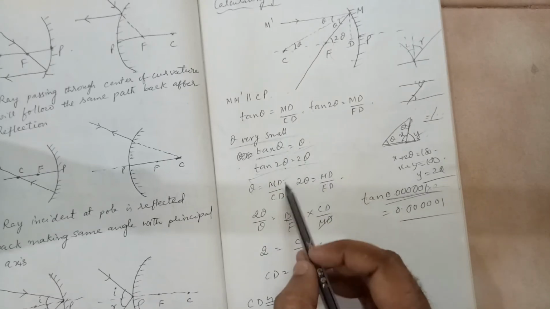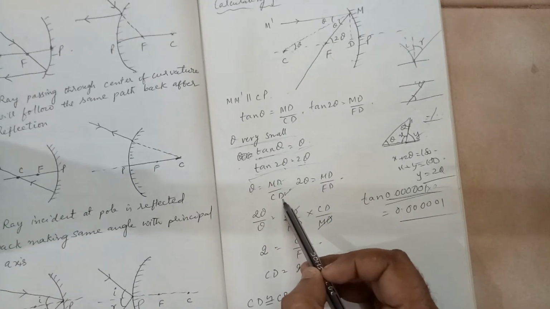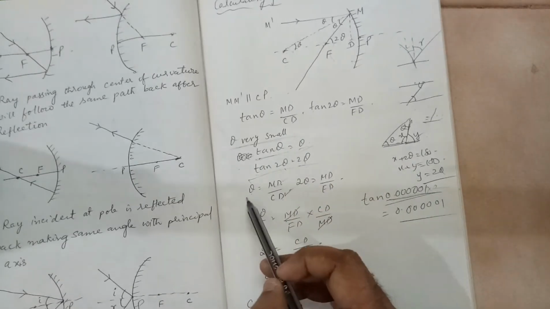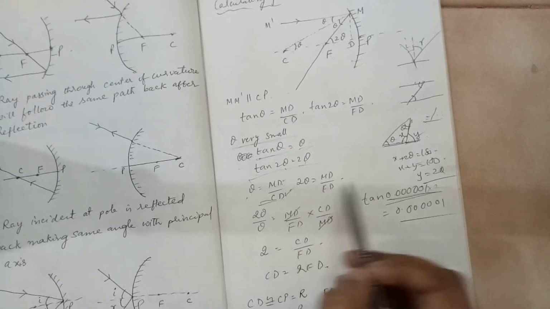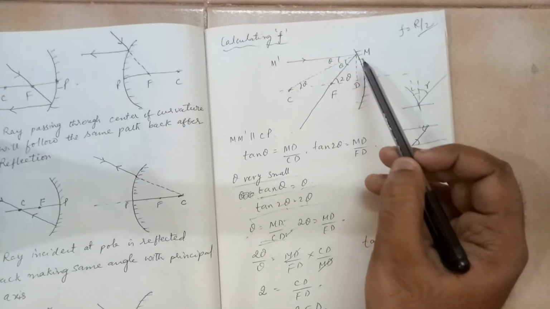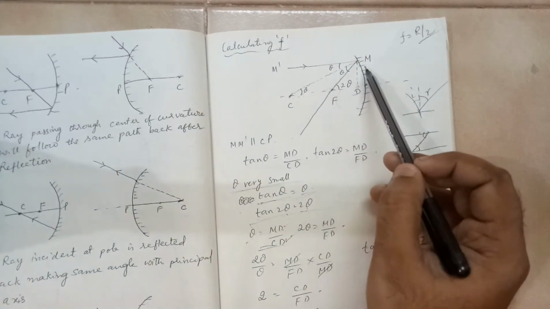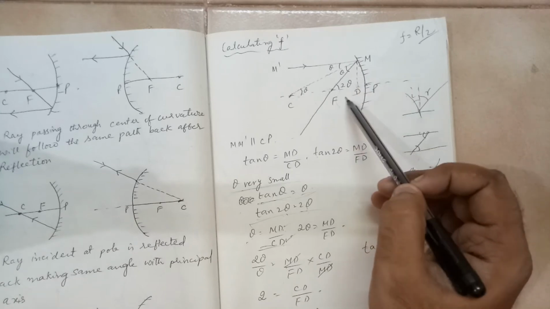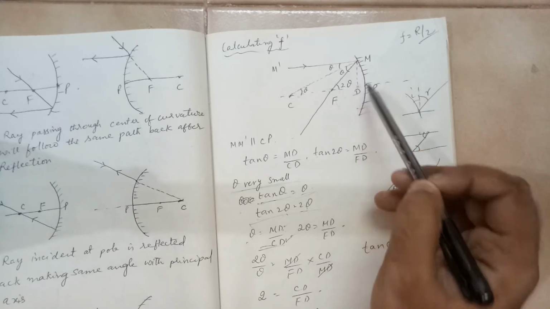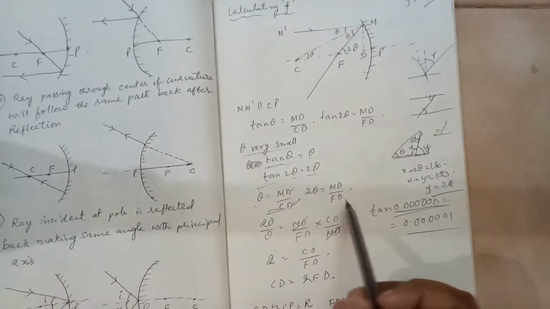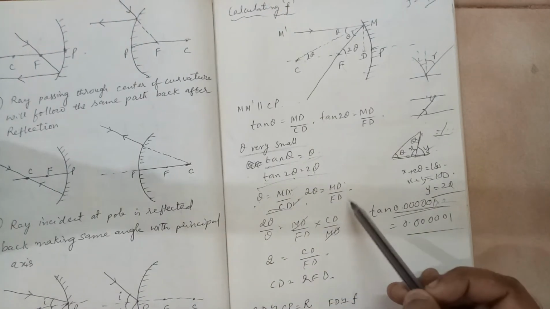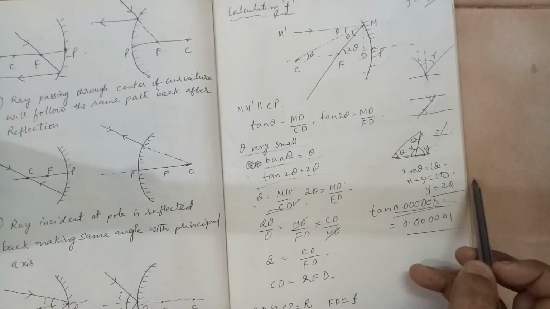Alright, tan theta is equal to MD divided by CD. But tan theta is very small, so theta is equal to MD by CD. Similarly, in this triangle MFD, tan 2 theta will be equal to opposite by adjacent, which is MD is the opposite, FD is the adjacent. So 2 theta is equal to MD divided by FD.